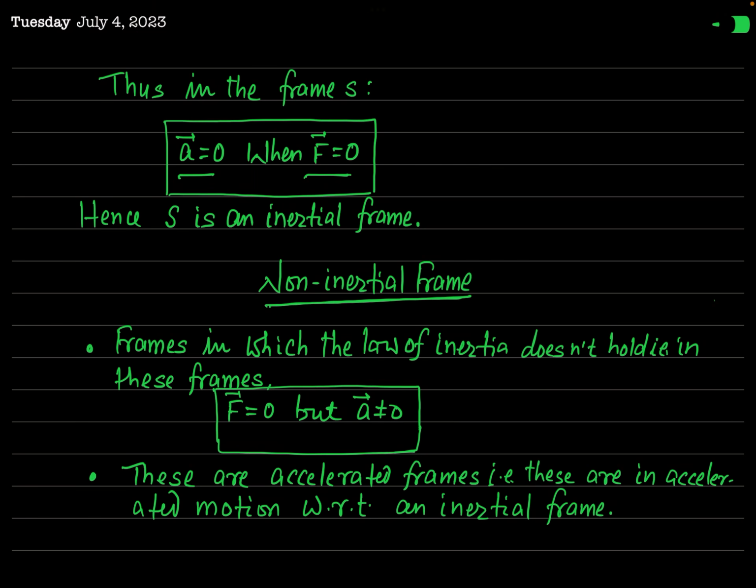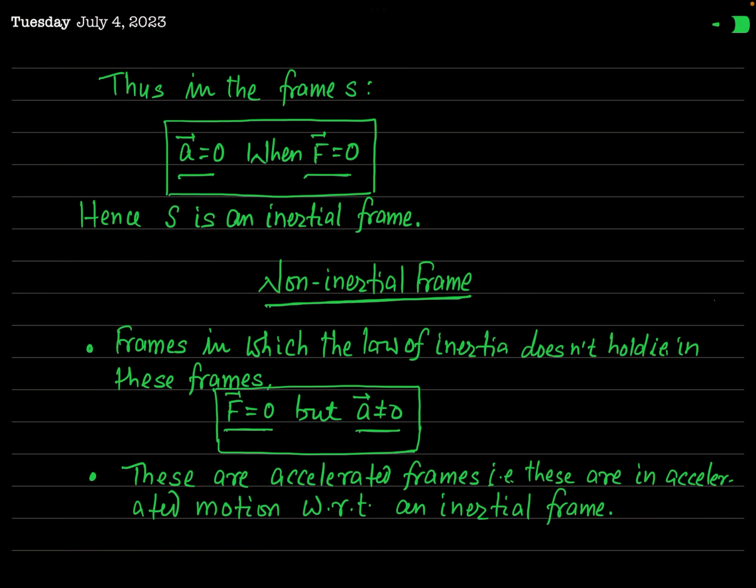And when you say that Newton's first law of motion does not hold, what does it mean? Mathematically, you can say that even if the force on the body is zero, the acceleration of the body will not be zero. Because Newton's first law says when F is zero, then A must be zero.